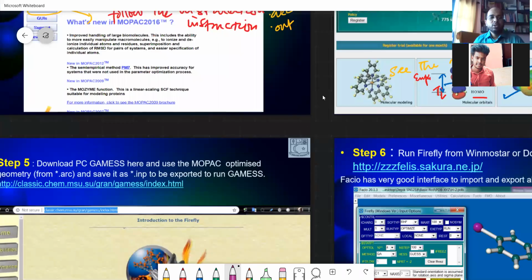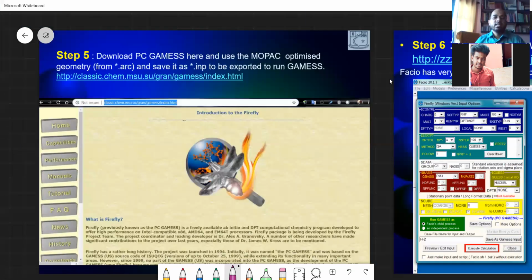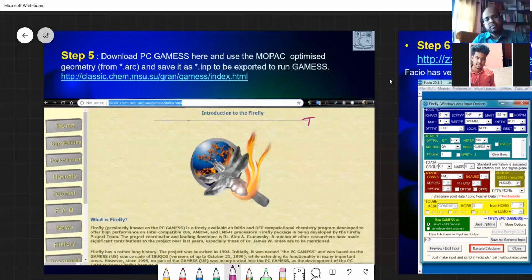Okay. Now in the fifth part, this is something a bit tough. Up to these 4 steps you can manage. Now there is one system called PC GAMES. This GAMES I have already explained.